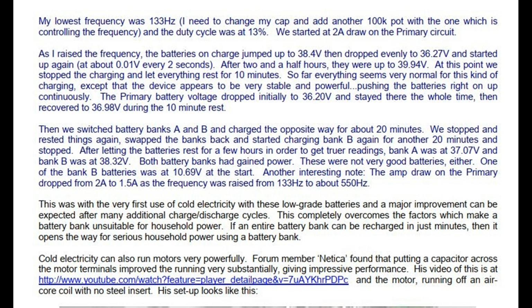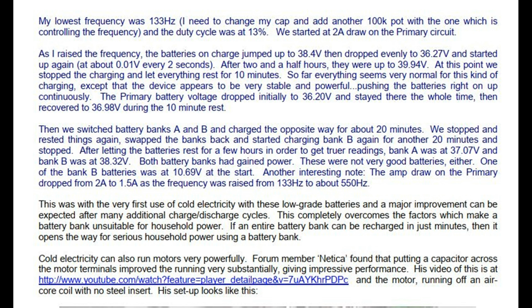At this point we stopped the charging and let everything rest for 10 minutes. So far everything seems very normal for this kind of charging, except that the device appears to be very stable and powerful, pushing the batteries right on up continuously. The primary battery voltage dropped initially to 36.20V and stayed there the whole time, then recovered to 36.98V during the 10-minute rest.